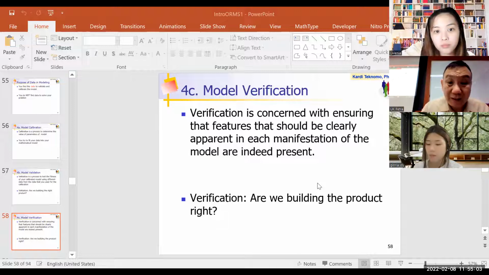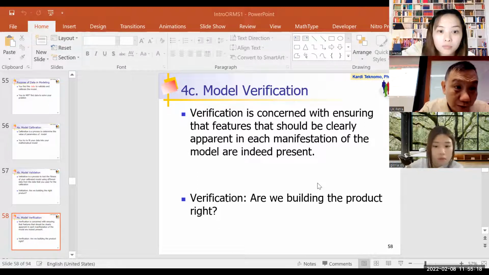But model verification is the one that makes you human. Say you have AI that can do all of this model validation and calibration. The AI cannot do model verification. It is you, human, who is supposed to do this model verification.